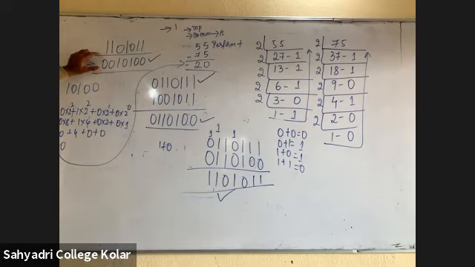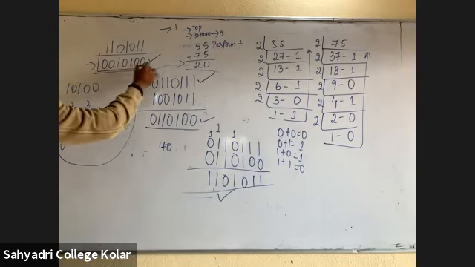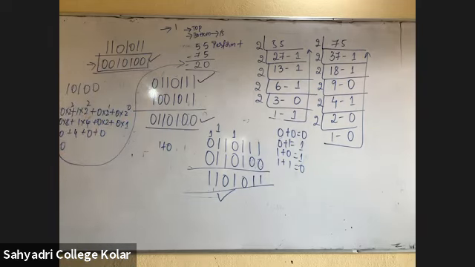Whenever you want to represent any negative number in the binary form, always remember the last bit, on the left hand side, whichever bit you have, if it is equal to 0, then you'll be considering it as a negative number.